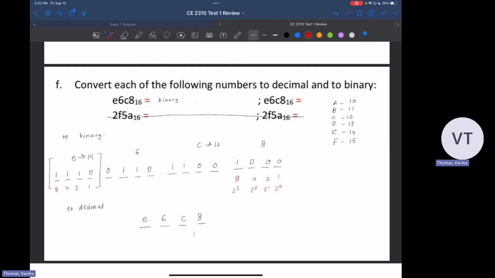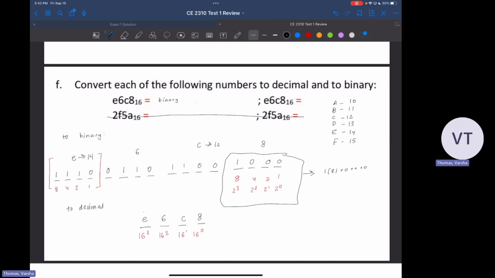So now we have 16 to the 0, 16 to the 1, 16 to the 2, and 16 to the 3. Earlier, we would just add 8, 4, 2, 1. But why would we just add them? Because we're multiplying by 1, so it doesn't really change anything. Technically, if we were to change this to decimal, it would just be 1 times 8, plus 0, plus 0, plus 0, right?